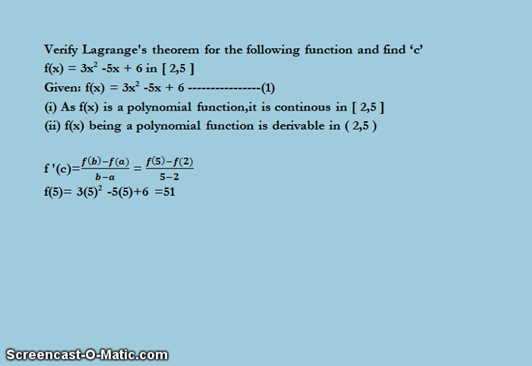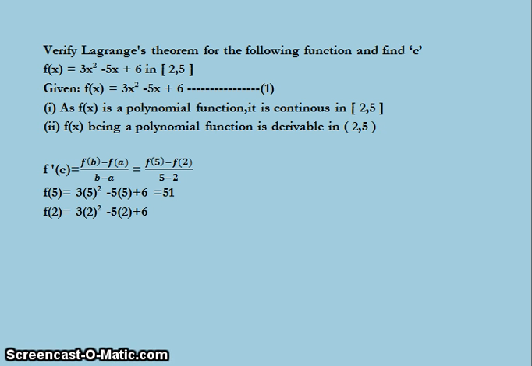Next we are going to evaluate the value of f(2), which is obtained by substituting the value of x equal to 2 in equation number 1. Thus f(2) can be written as 3 into 2 square minus 5 into 2 plus 6, which is equal to 3.